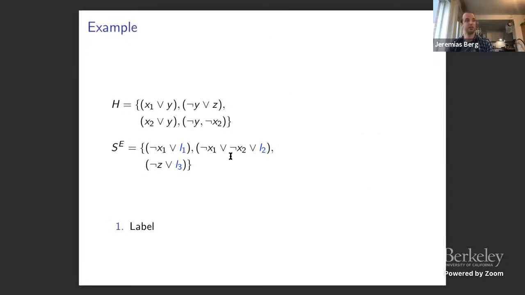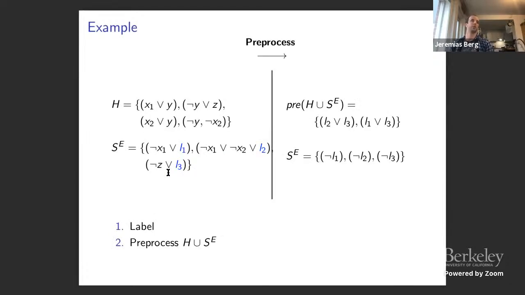And now we run a SAT preprocessor and tell it to not resolve on these variables. And when it reaches fixed point, what remains are these clauses. So we got two hard clauses remaining after preprocessing. And then we take a new soft clause for each of the 3 labels that we added in the first step.